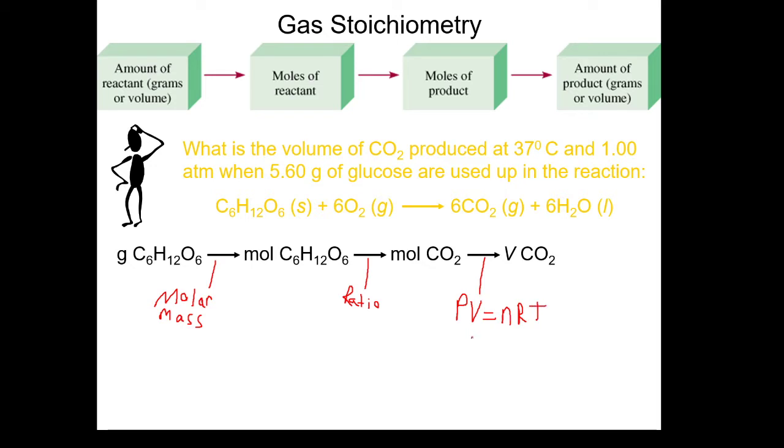We're going to manipulate it to be V equals nRT over P. Now, we have to notice a couple things. 37 degrees Celsius, I need to get that to Kelvin. Atmospheres are fine. And the n comes from this right here. Questions?